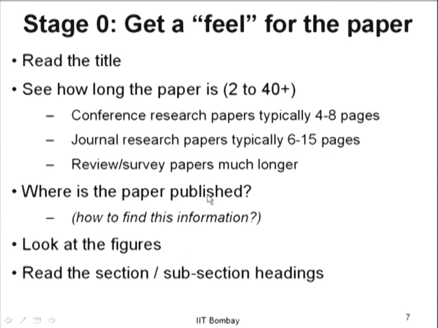Second, the next thing you need to know when you're just getting a feel for the paper is where this paper is published. The bibliographic details, as we call it. And one needs to know how and where to find this information. Typically, it's available if you've downloaded the paper from the journal website, or if you've photocopied it from a specific journal, you should look at the header or the footer of the page and you will find that information.